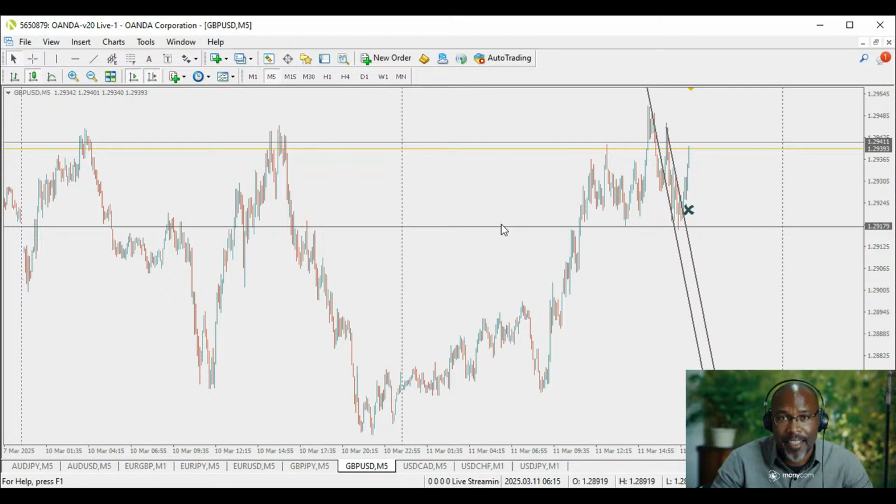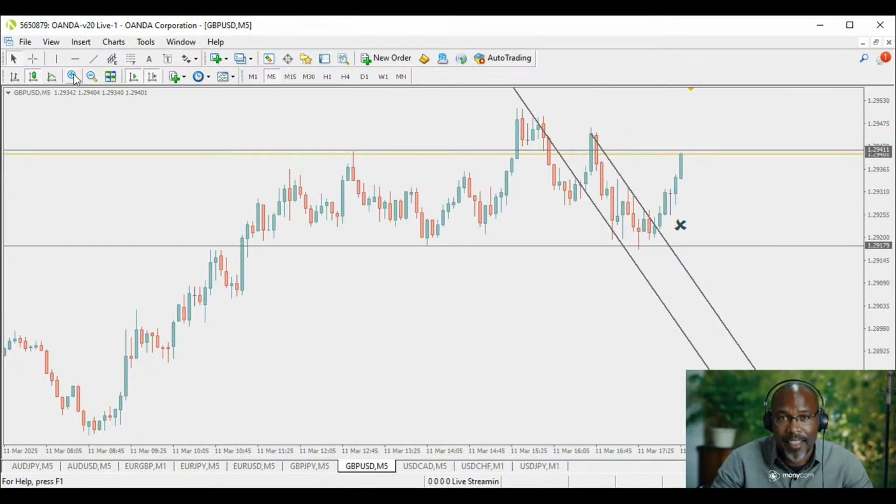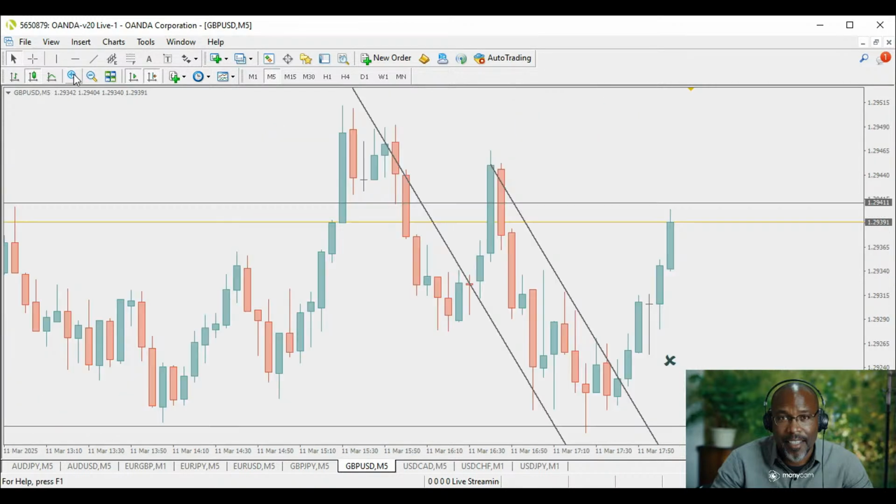But it's not actually moved very much in the last 20 minutes when it began to climb, though this looks like a lot.